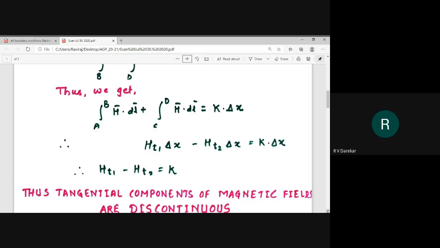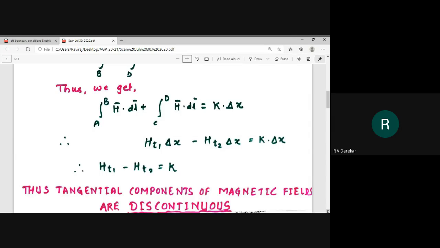And therefore we can conclude the third part of our segment, that tangential components of magnetic field are discontinuous. Why are these components discontinuous? Because the difference ht1 minus ht2 is not equal to 0. It is equating to a constant value k, indicating that ht1 is not equal to ht2.